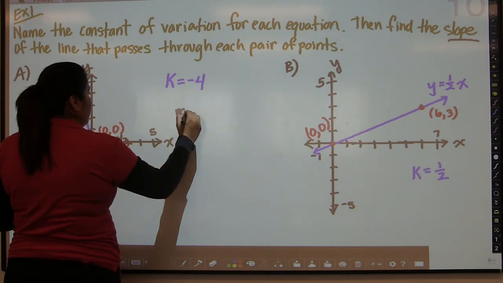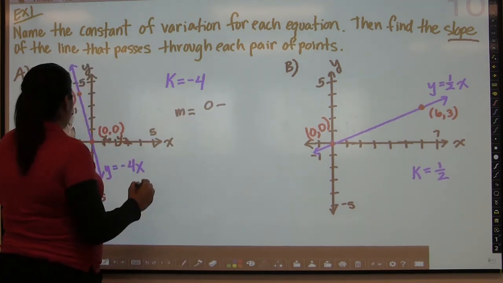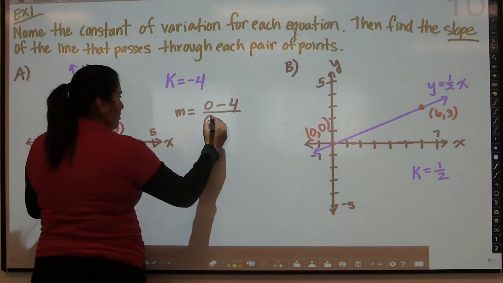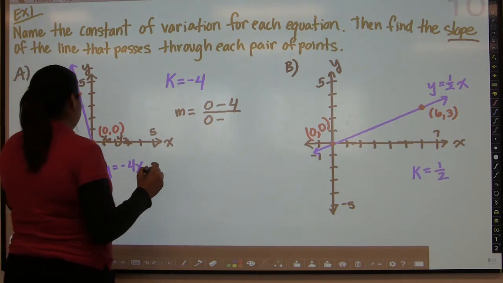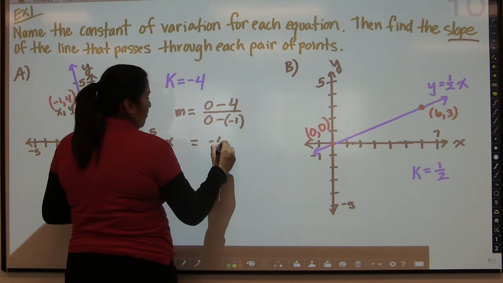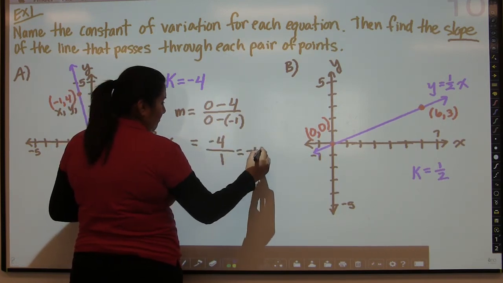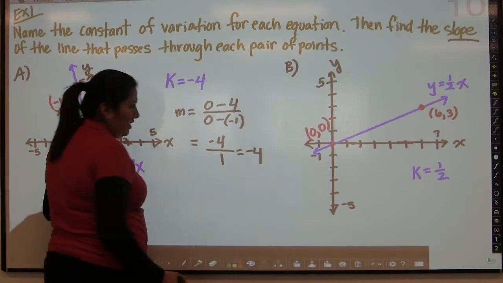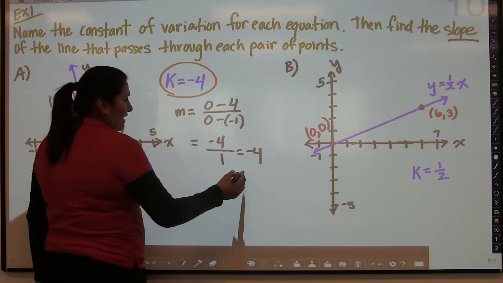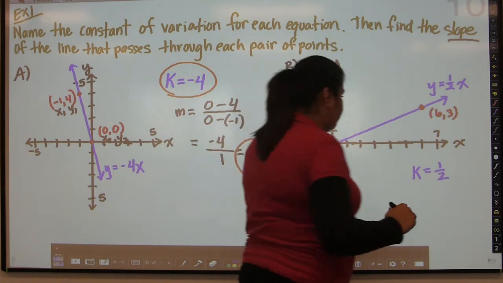My slope is going to be y2, which is 0, minus y1, which is 4, divided by x2, which is 0, minus x1, which is negative 1. So I get negative 4 on top, and 0 minus negative 1 is positive 1, so my slope is negative 4. What we want to confirm here is that the constant of proportionality, which was negative 4, is the same as the slope. That's supposed to happen if you do it correctly.